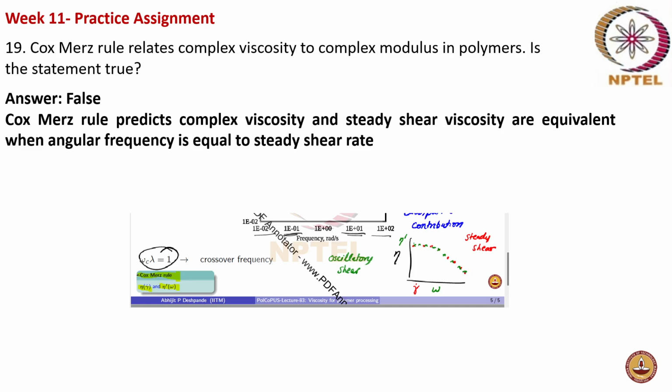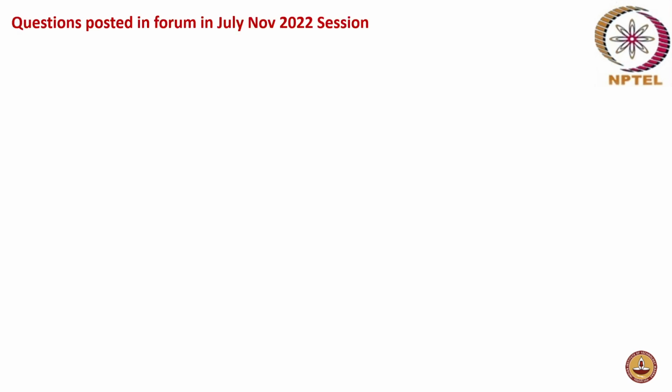That means the material follows Cox-Merz rule, so it is a simple material, not very complex. So this is the statement: the Cox-Merz rule predicts complex viscosity and steady shear viscosity are equivalent when angular frequency is equal to steady shear rate. So that's it with the practice assignment session.